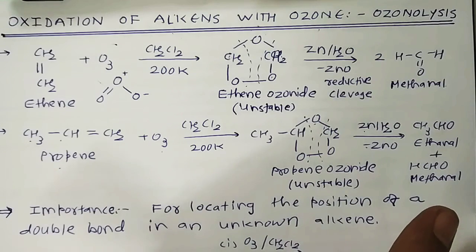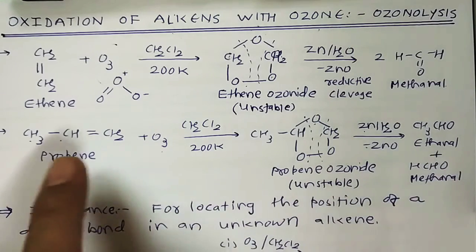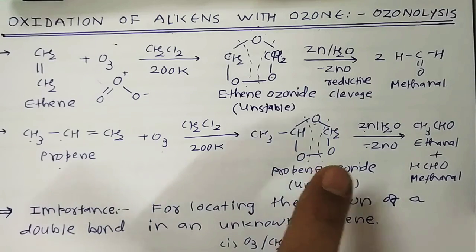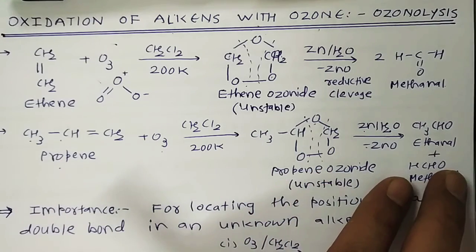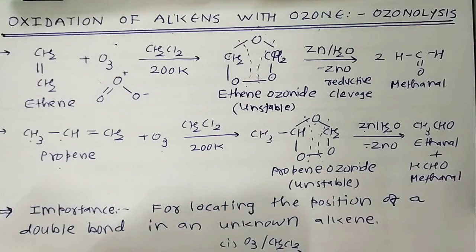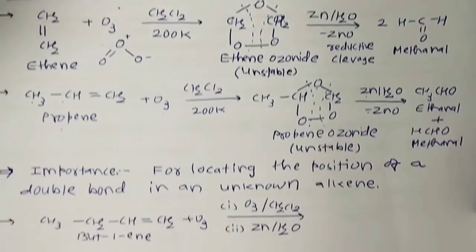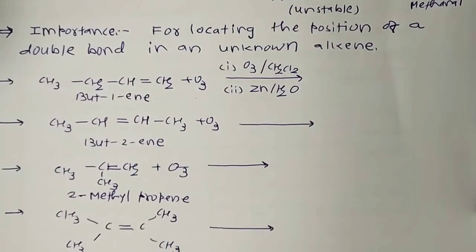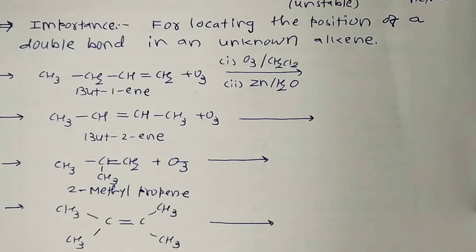The two-step conversion of an alkene into an ozonide, followed by its reductive cleavage to yield carbonyl compounds, is called ozonolysis. What's the importance of ozonolysis?